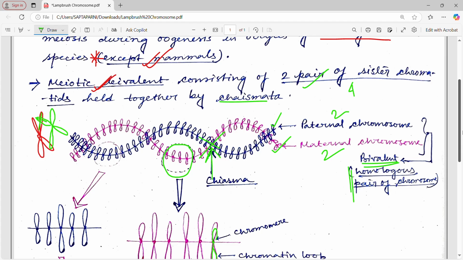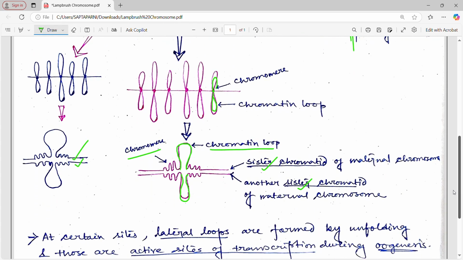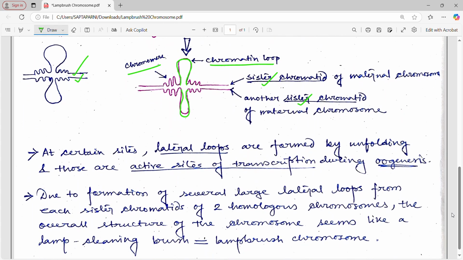At certain places the lateral loops are formed by the unfolding of the sister chromatids. You have to remember that whenever there is unfolding of any part of a chromosome or chromatin, those are the active sites of transcription.